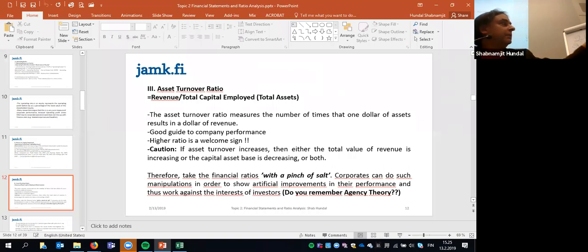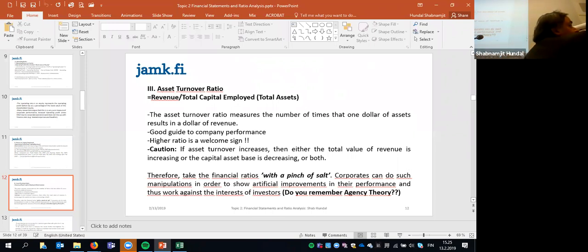Basically, the company is hell bent upon shrinking its resources. They can sell their milch cows, all their great assets, all the technology, and instead buy some flimsy investments in the name of managers, so that the capital is 300 now. There's 200 capital disappearing from the company's accounts. And guess what happens? The ratio is 0.50.